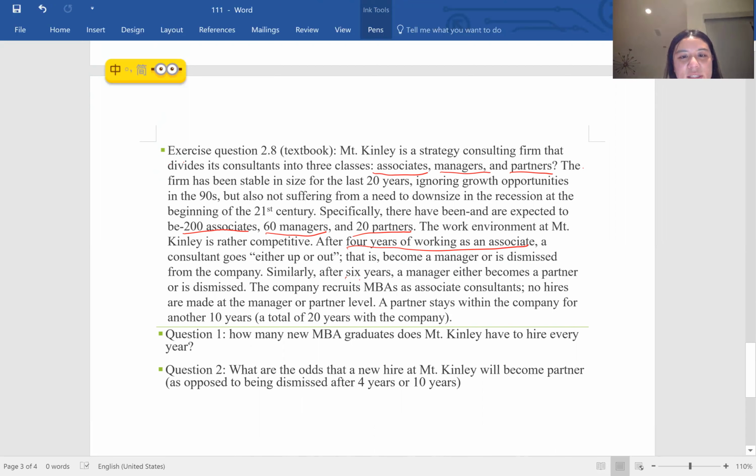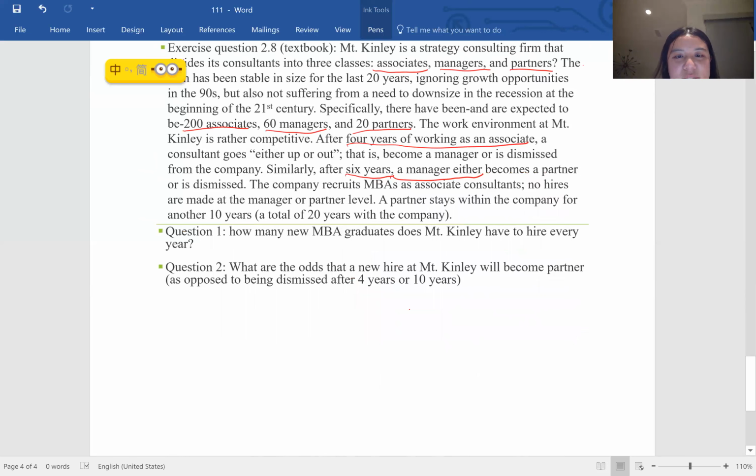Similarly, after 6 years, a manager either becomes a partner or is dismissed. The company recruits MBAs as associate consultants. No hires are made at the manager or partner level. A partner stays within the company for another 10 years, a total of 20 years with the company.